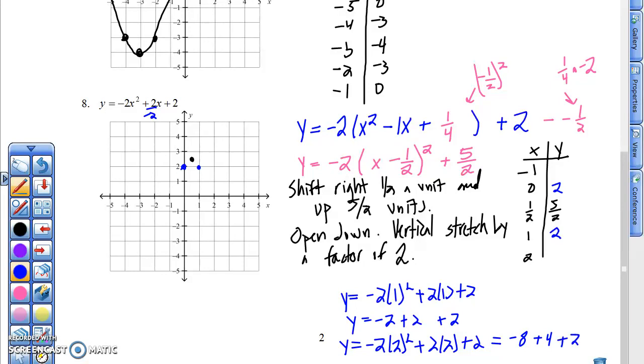So negative 8 plus 4 plus 2 is a negative 2. And I have my graph of my parabola.